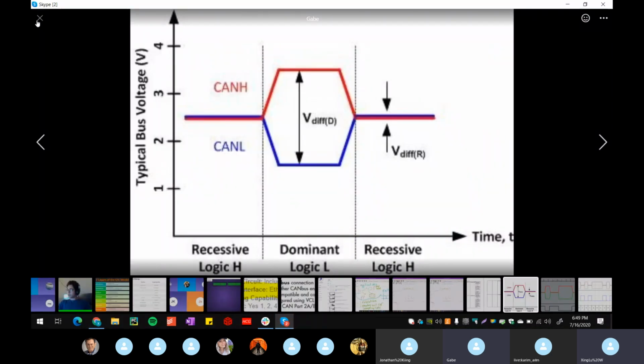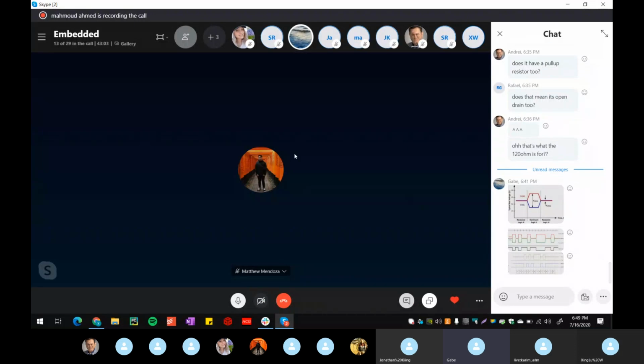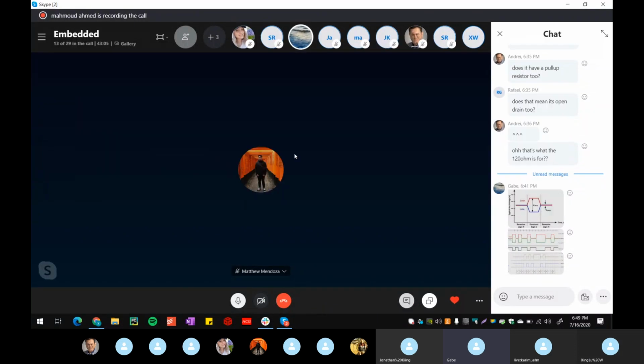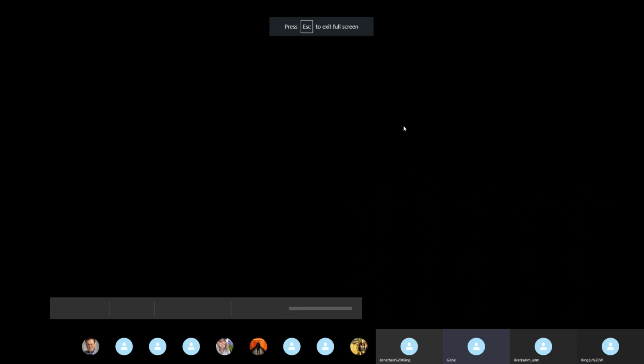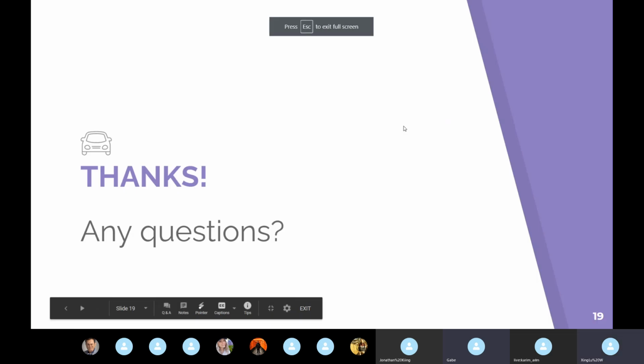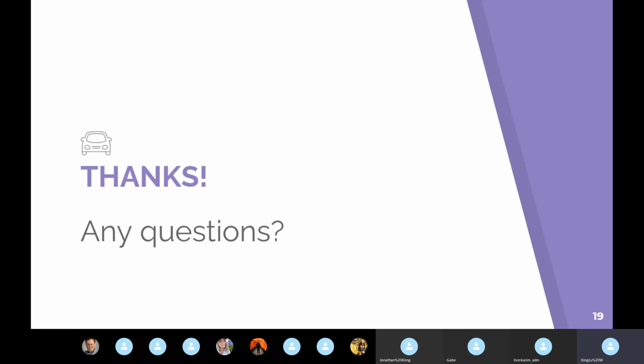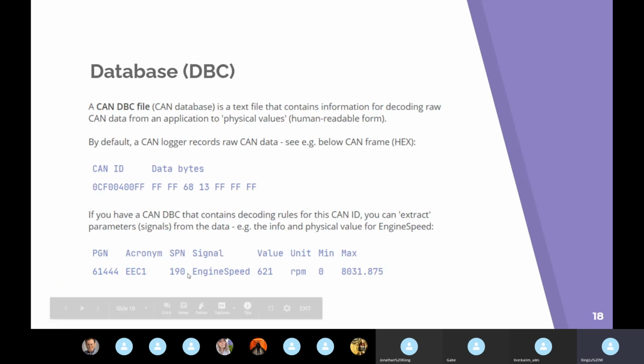Is the DBC file mostly for testing, or can you make use of it within your microcontroller as well? Okay. So the file itself is mainly for testing if you're using a PC or some kind of dongle to try to understand, because the purpose of an actual DBC file is if you get a ton of digital data from CAN, it will process it for you and spit out things like engine speed, RPM.